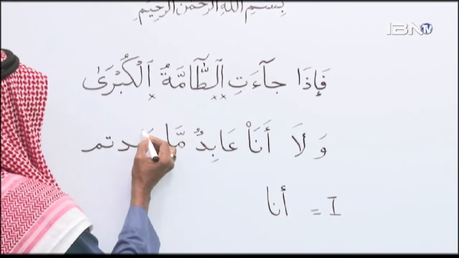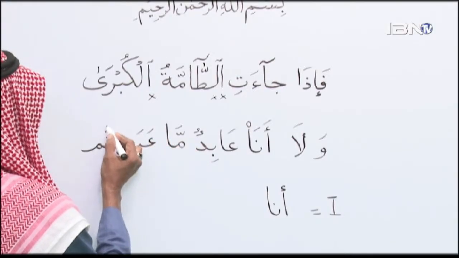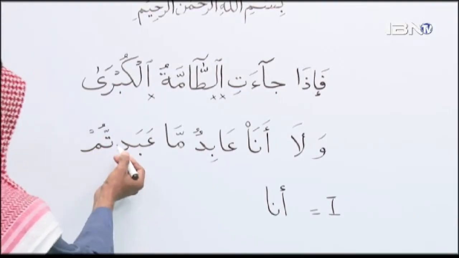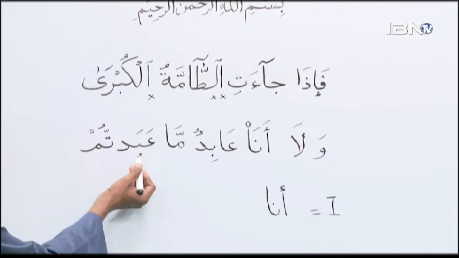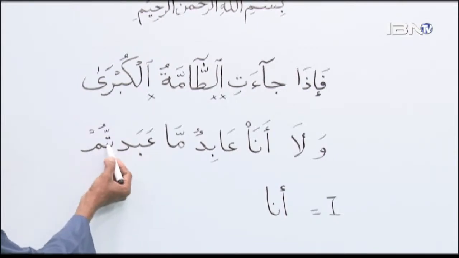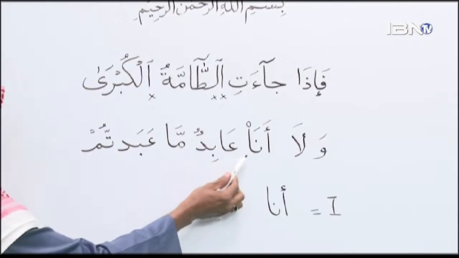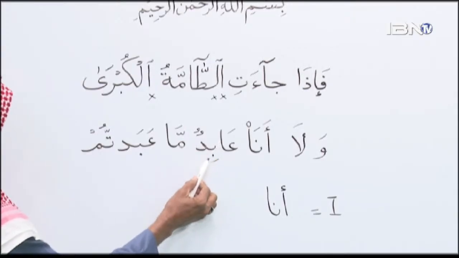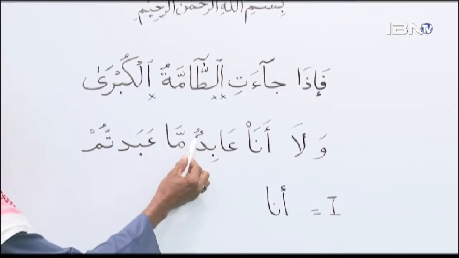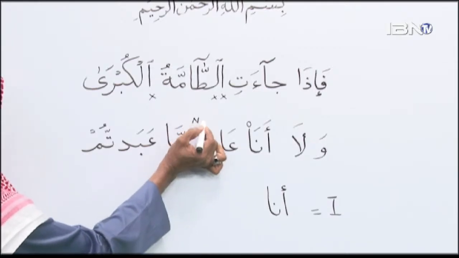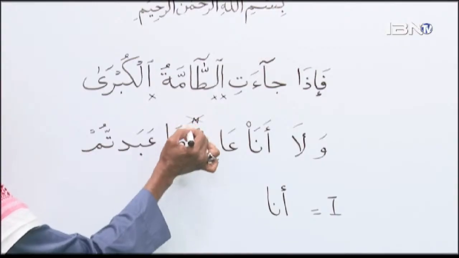Ma, Abat, Tum. All right, you may not see anything above the dal. So it is telling you to join the ba straight to the ta. Abat tum. So come back here again. A, B, dun. We don't say dun, we don't bring in the end sound. All right, there is no end sound.